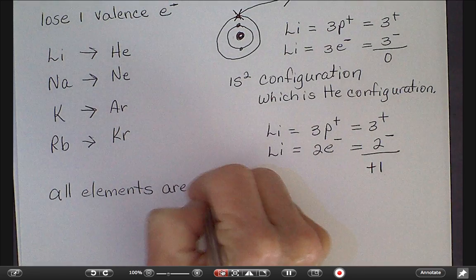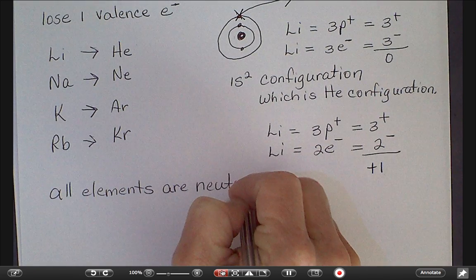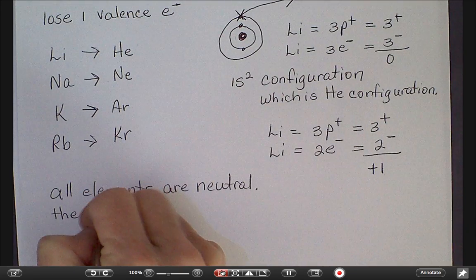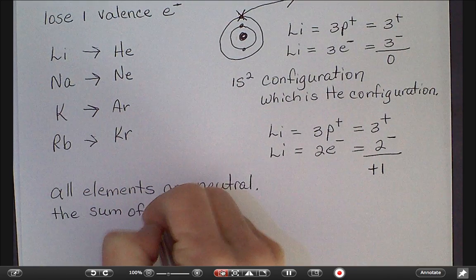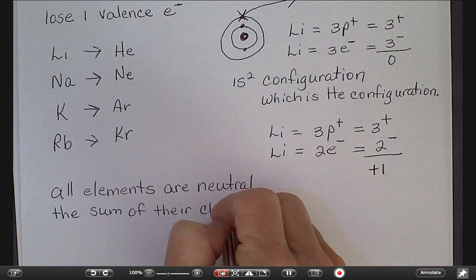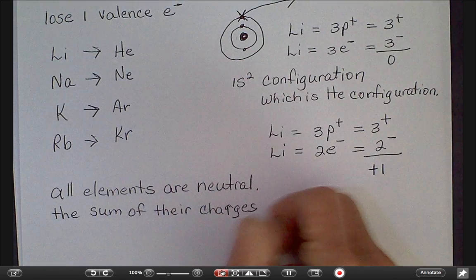So, all elements are neutral. The sum of their charges equals 0.